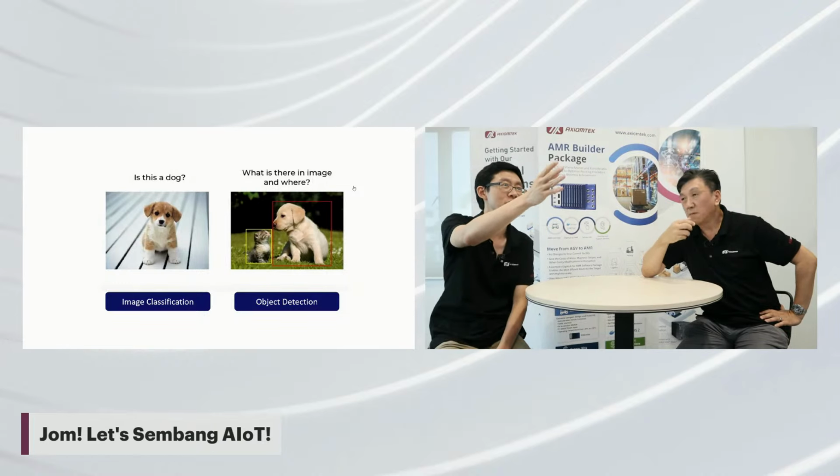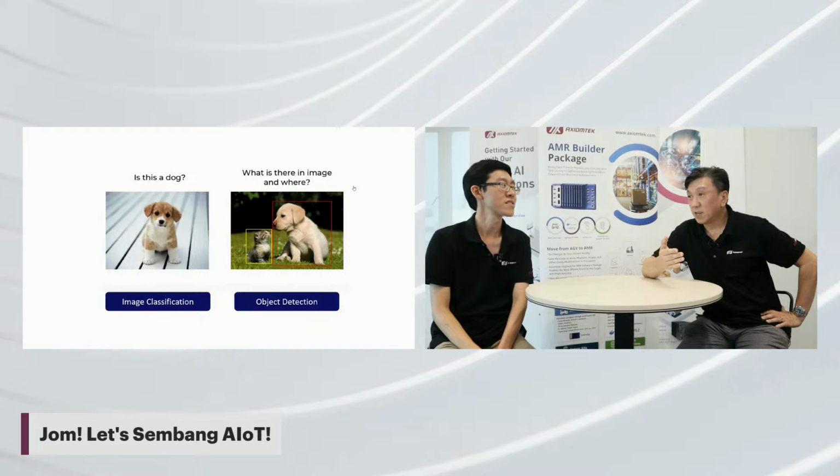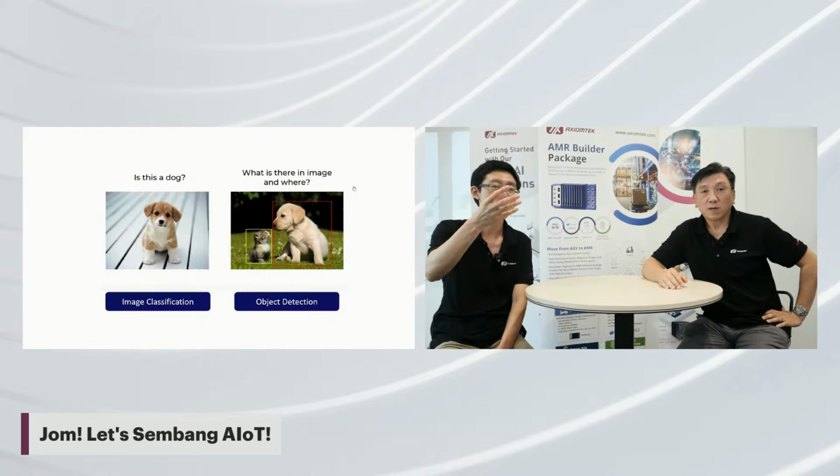If the image contains not only a dog but also a cat, it will tell you there's a dog and a cat, with their confidence levels in percentages. That is classification. But it cannot tell you the position of the dog and the cat in the image.